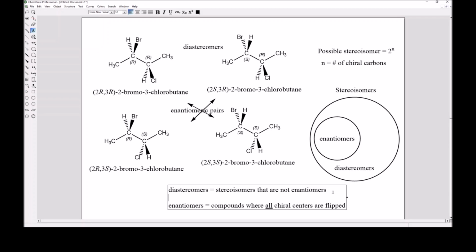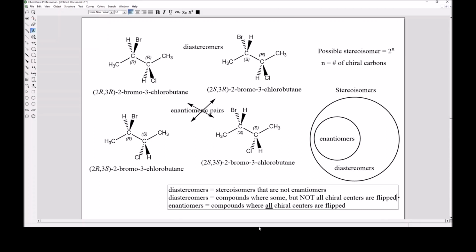So now, hopefully, what I've given you is a better toolkit: enantiomers are where we flip all of the chiral centers, and this gives us a definition for diastereomers that I like, that's a little bit more useful: diastereomers are compounds where some, but not all, chiral centers are flipped.